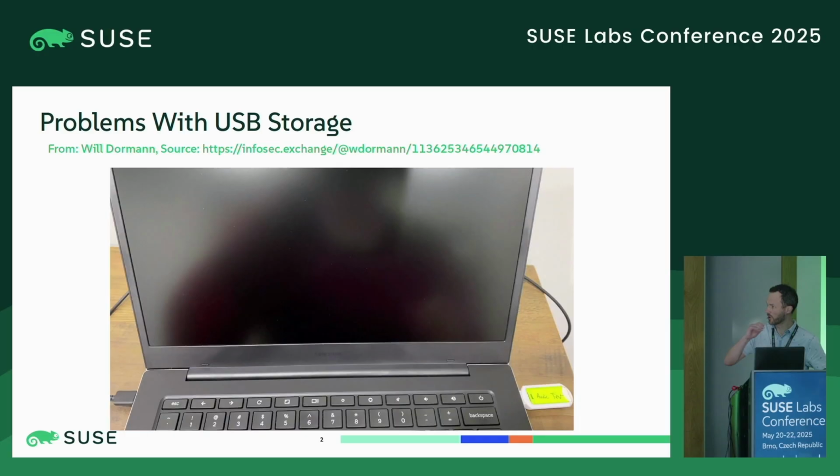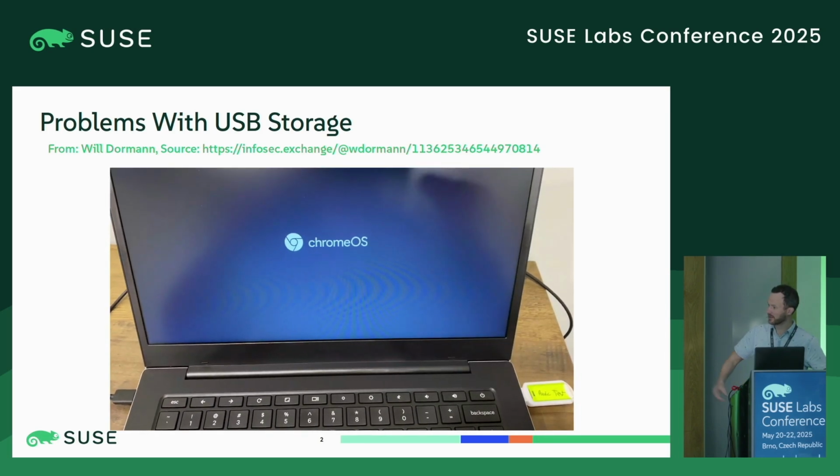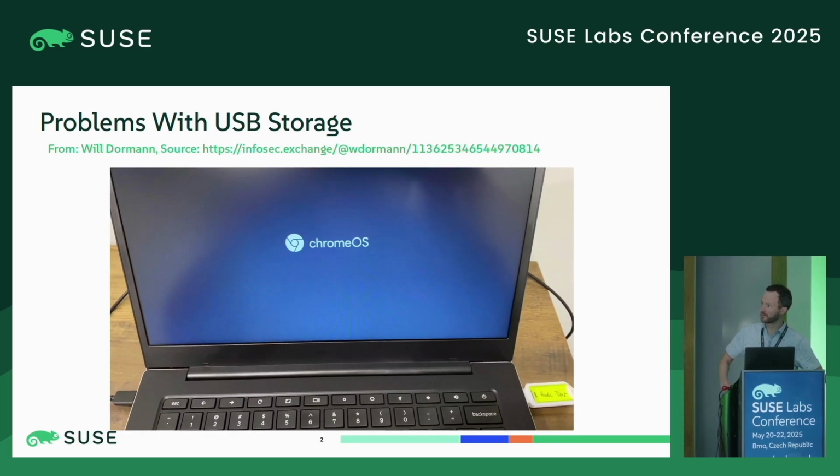So, quick video that was shared by Will Dorman. So this is a Chromebook. He's connecting a USB device with an ext file system image on there, and he's managed to get the Chromebook to reboot just by inserting the drive.